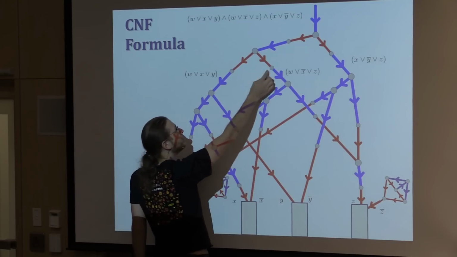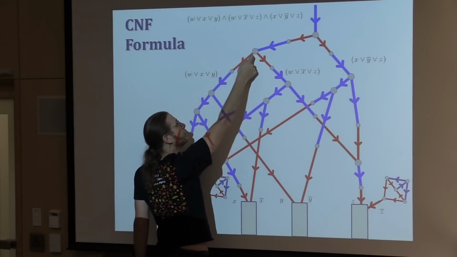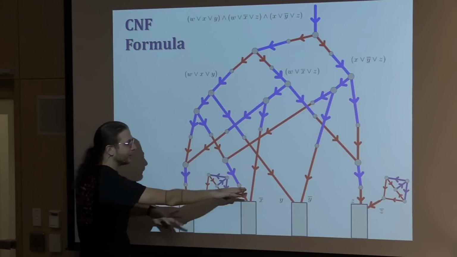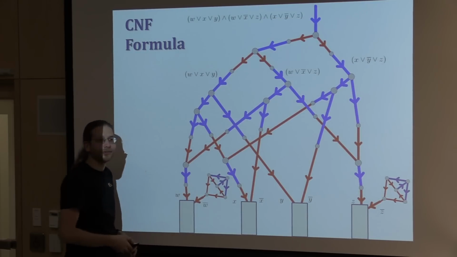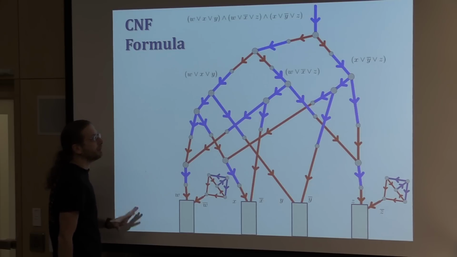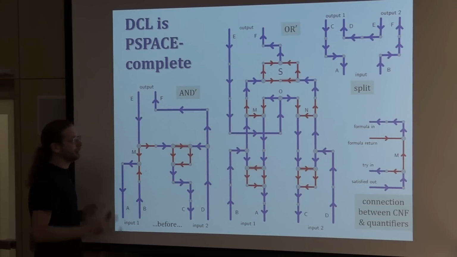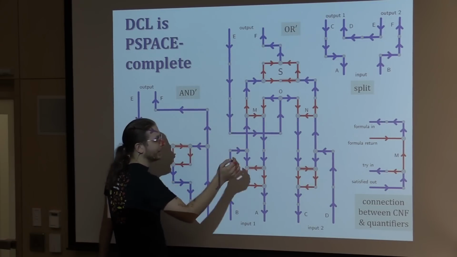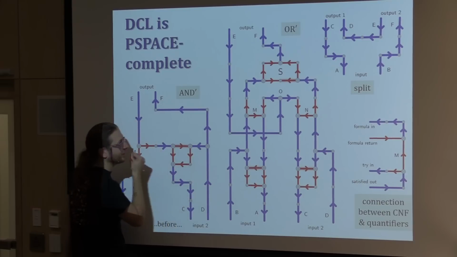So it's an issue that if one of these comes in true, the other is false, this one will bounce back and then chaos will happen. We'll end up getting edges just randomly reversing at annoying times. So that seems messy, and so instead we build this much safer version called AND prime, OR prime, and split prime, I guess. Should be a prime there.